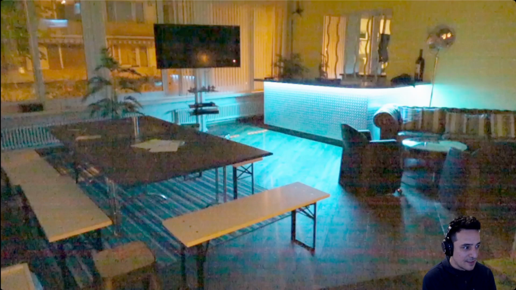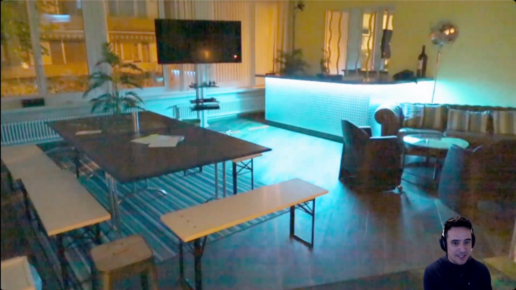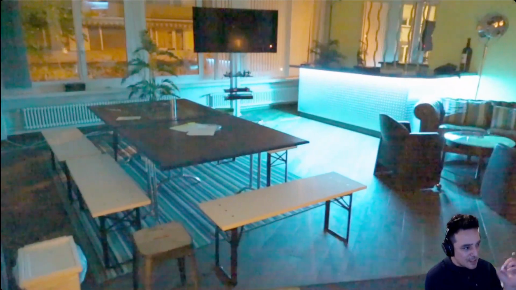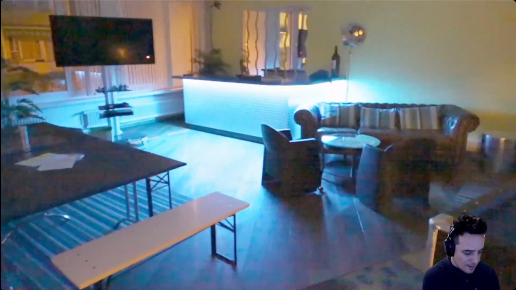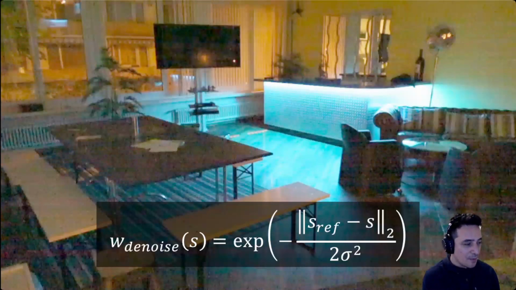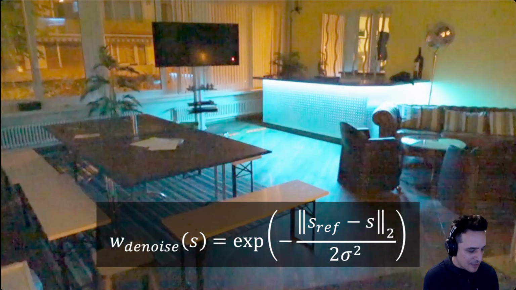For denoising, we have this video here, which has both spatial noise and also some temporal noise due to some aliasing of these lights and the camera. We come up with a weighting scheme based on a bilateral filter, which weights each pixel based on how similar it is to the reference pixel in the output view, which is a more reliable observation.